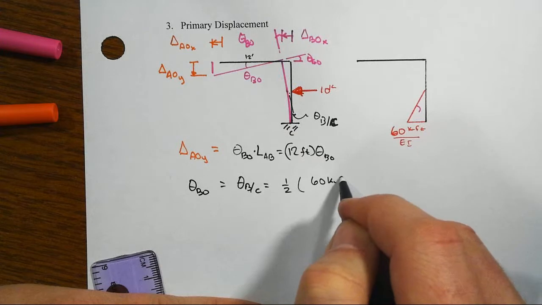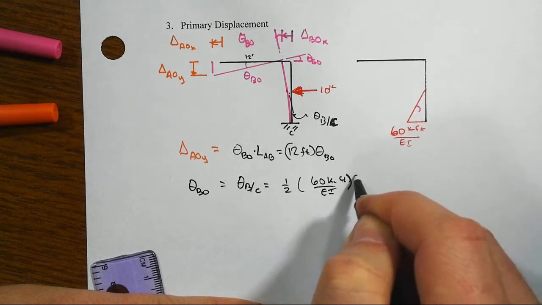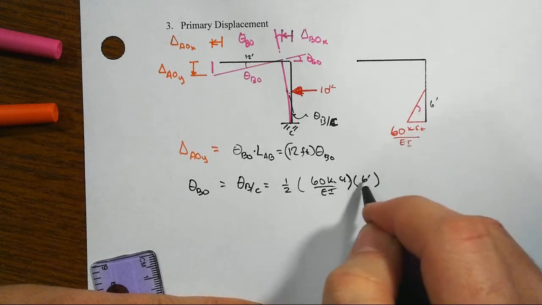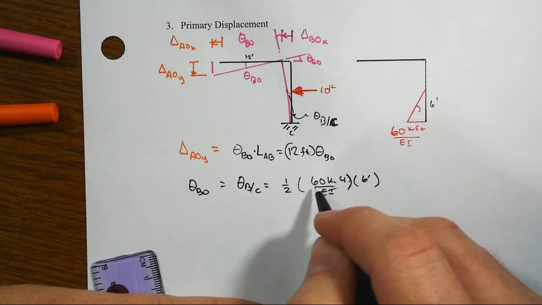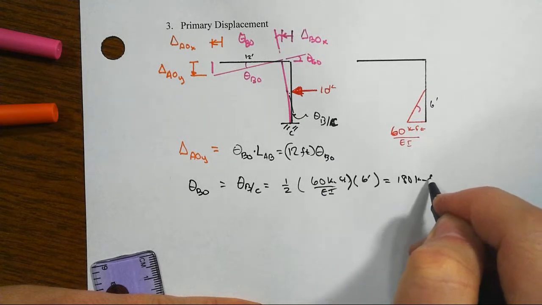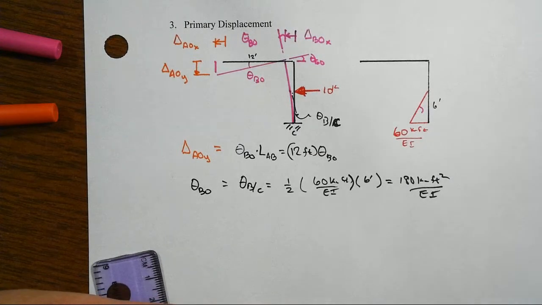So that's 60 foot over EI times, well, that's 6 foot high, so that's 360 divided by 2, so 180 kip foot squared over EI for the value of theta B0.